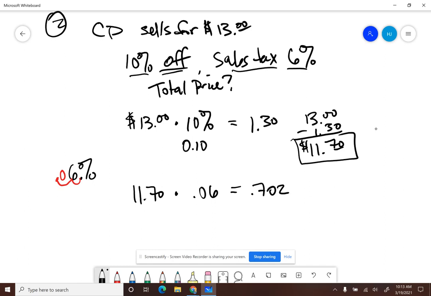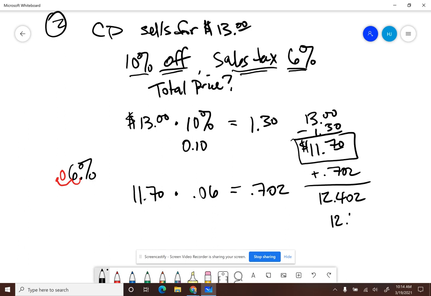Okay. Now, what do I have to do with this number? Well, now I have to add that to my price, because it's sales tax. So I'm going to add that to my price that I had here of $11.70, okay? Which means my total price now is going to come to 12.402. But remember, when we're talking about money, we just round to the second place.